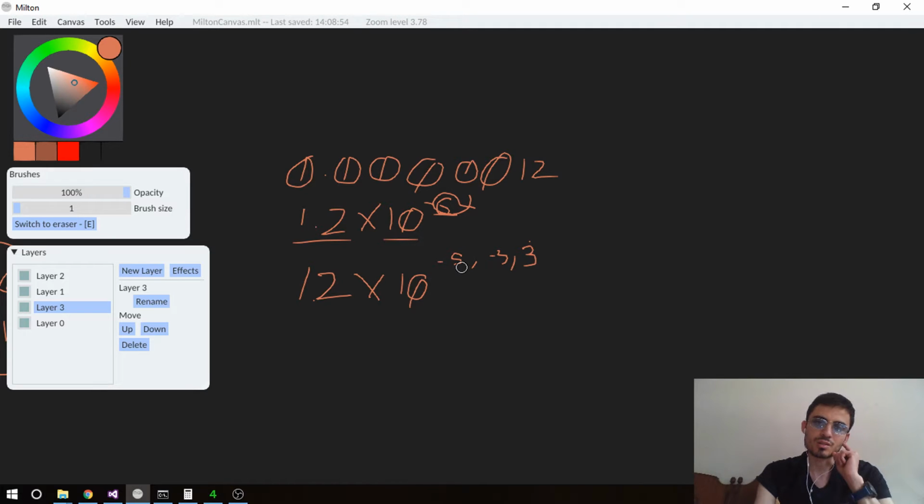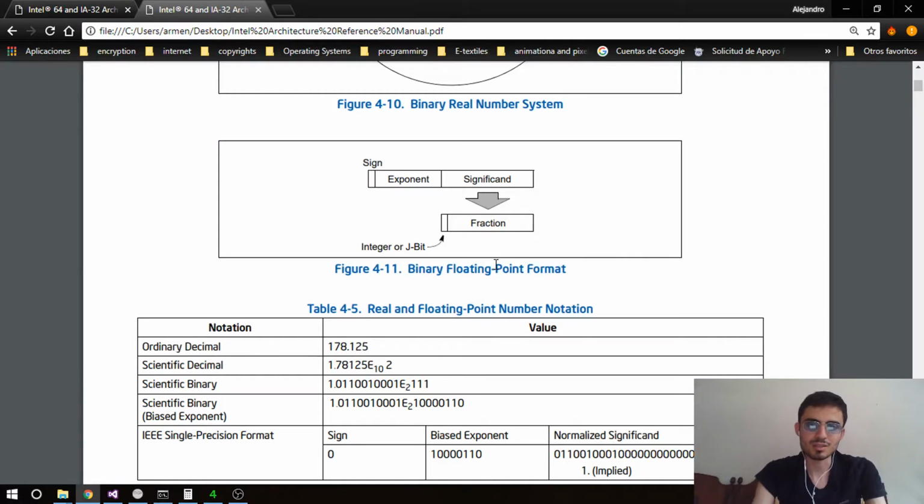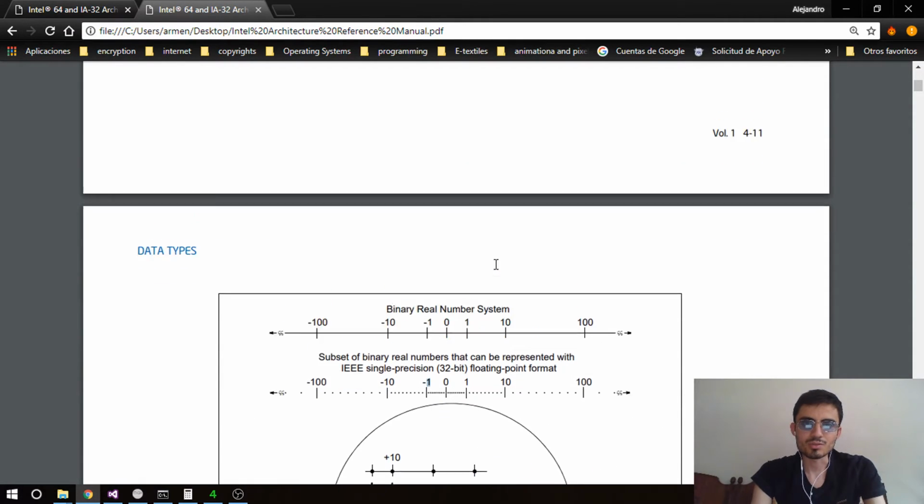I don't know if it can go to minus 3, because it's a signed value, isn't it? I think they are signed.